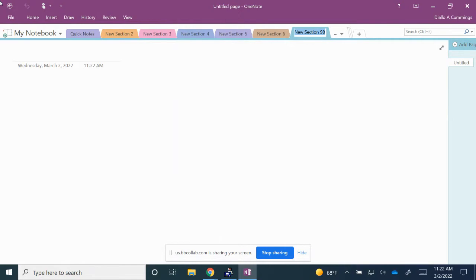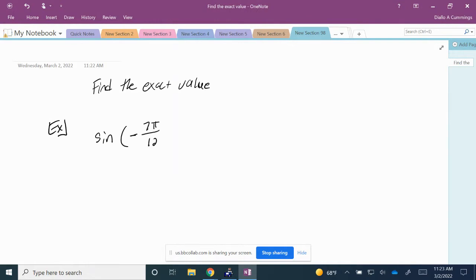I've noticed in the problems in the trig course, some of the problems will generate a similar answer, and other problems just do whatever. So in this example, we're going to evaluate or find the exact value for the sine of negative 7 pi over 12.